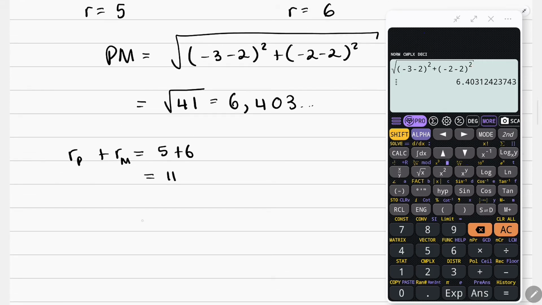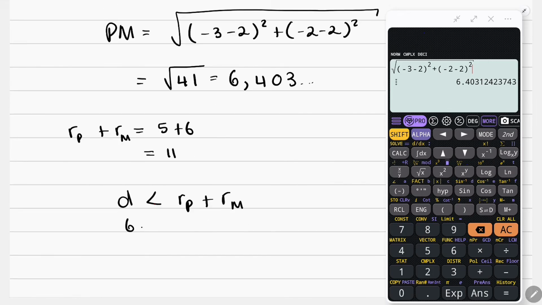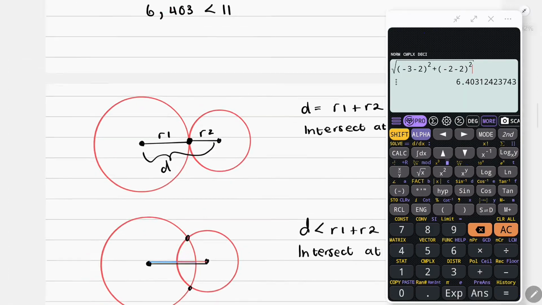Okay, so you can see that the distance is less than the addition of the radii. So PM, we can see that 6.403 is a value less than 11. So what does that mean?